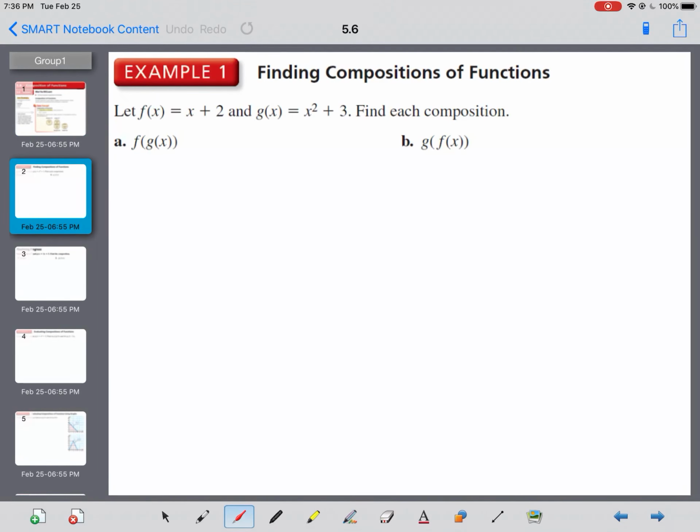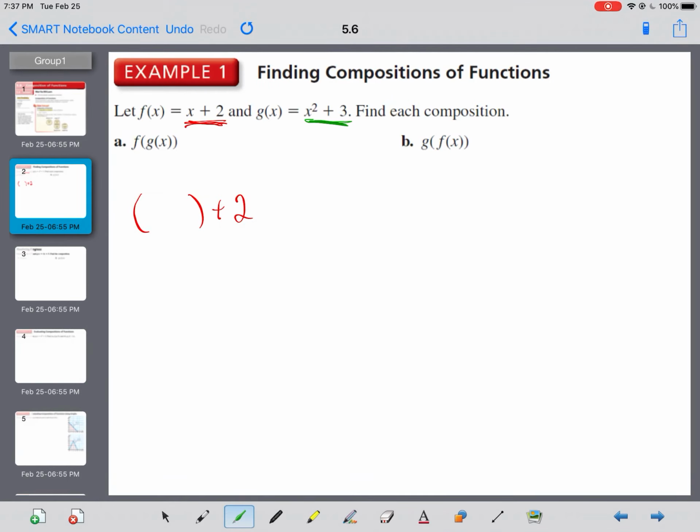So we got, let f of x equal x plus 2 and let g of x equal x squared plus 3. There aren't any domain limitations here. x can be any number when it's just plain x. x can be any number when it's x squared. It'll always end up turning positive anyway. So let's look at f of g of x. f of x is this one. So when I do f of g of x, I'm going to write down f of x, but everywhere there was an x, I'm going to leave a parenthesis space, and I actually need more space than that.